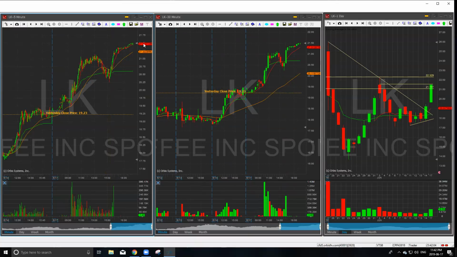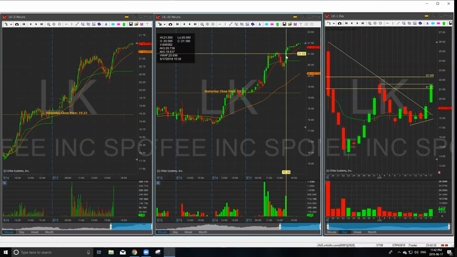The 50 MA on the 5-minute chart is catching up. However, on the 30-minute chart, it's got a nice trend to it, right? It might come all the way back up tomorrow if it keeps popping. I mean, this trend line should probably extend to around the 2050 area. So I guess this kind of makes sense as well.